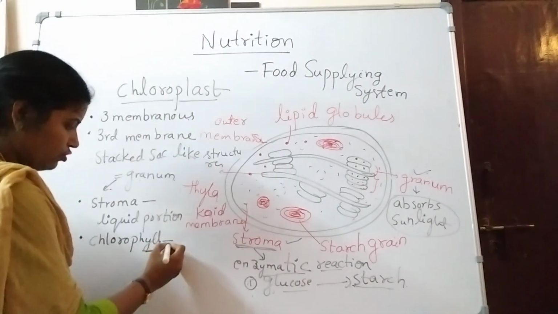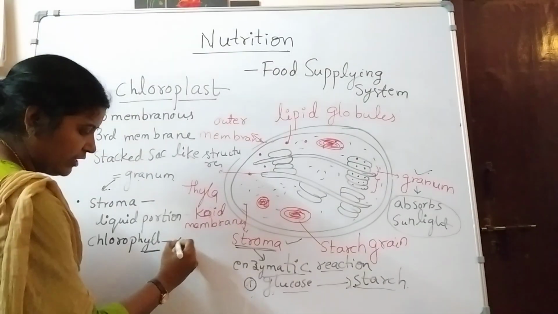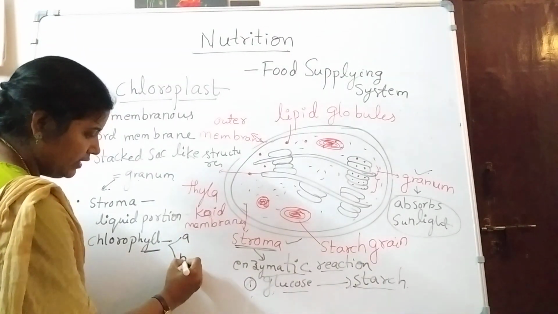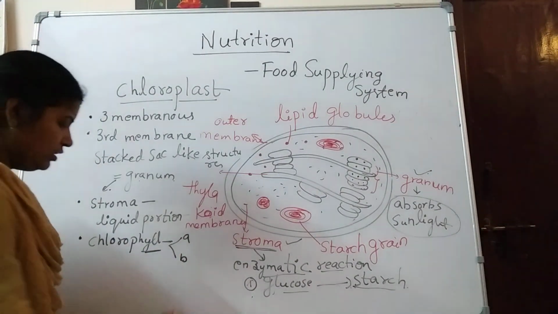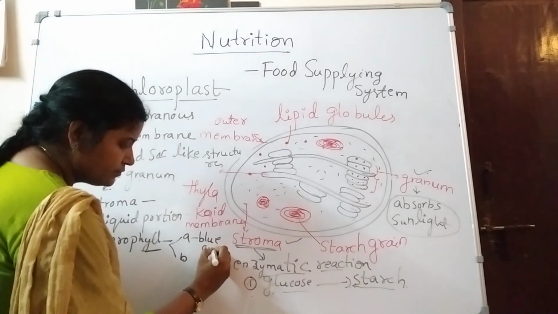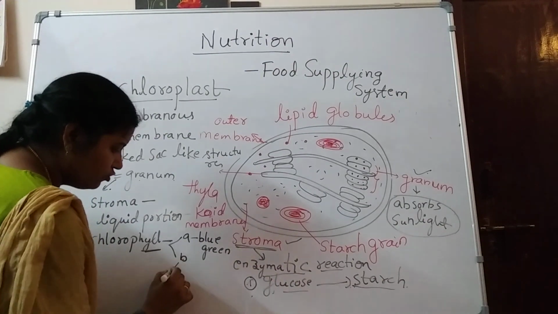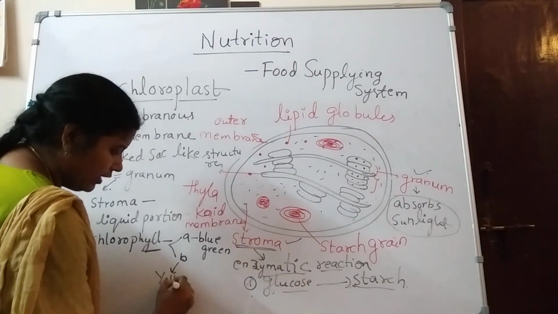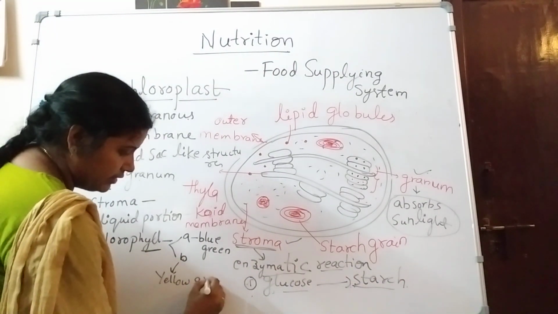This chlorophyll is of two types. One is chlorophyll A, another one is chlorophyll B. Chlorophyll A is blue green in color and chlorophyll B is yellow green in color.